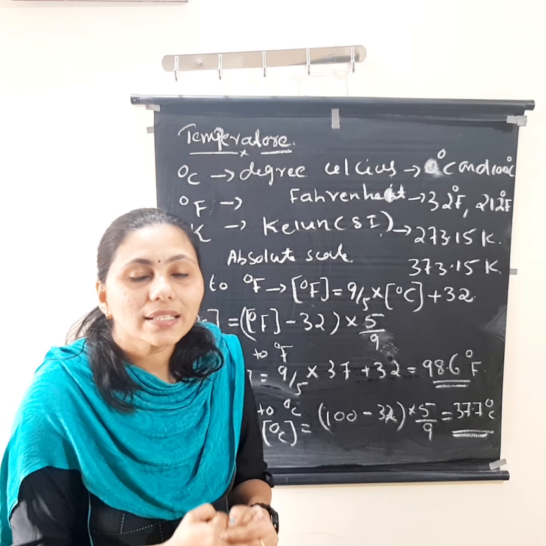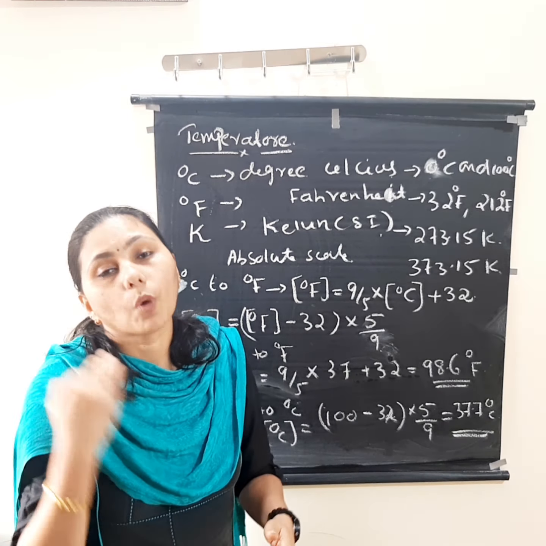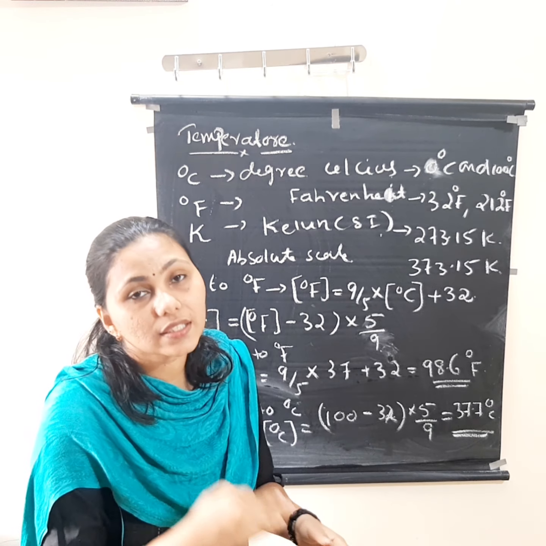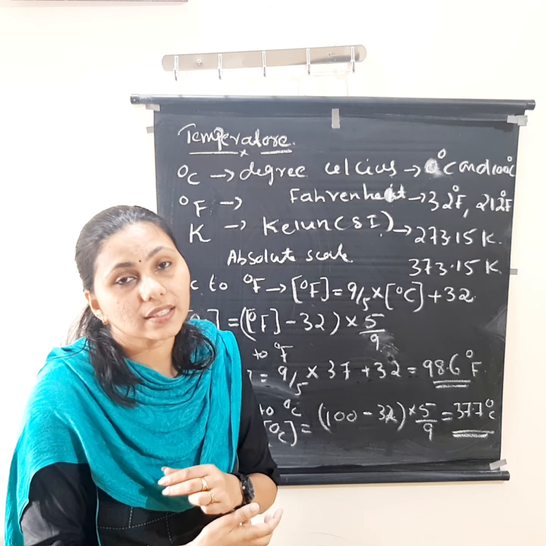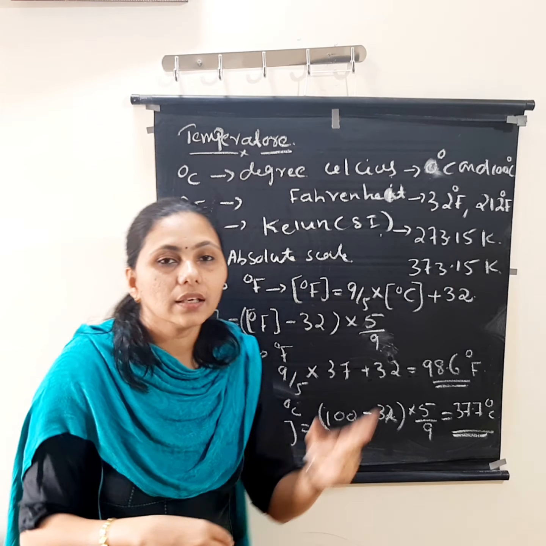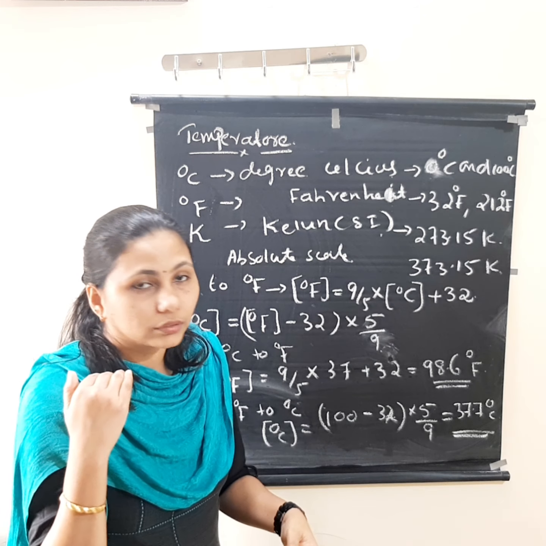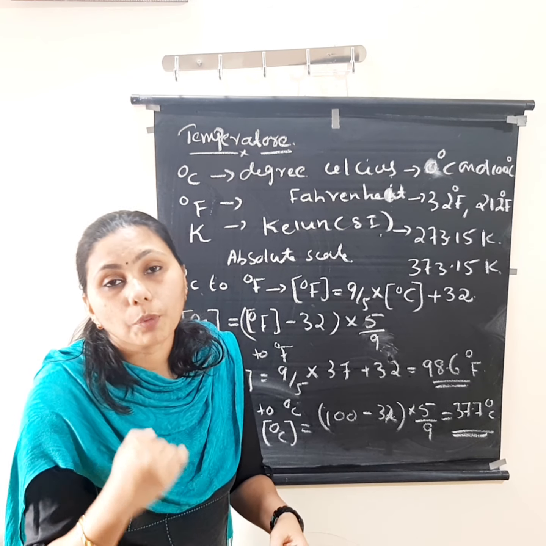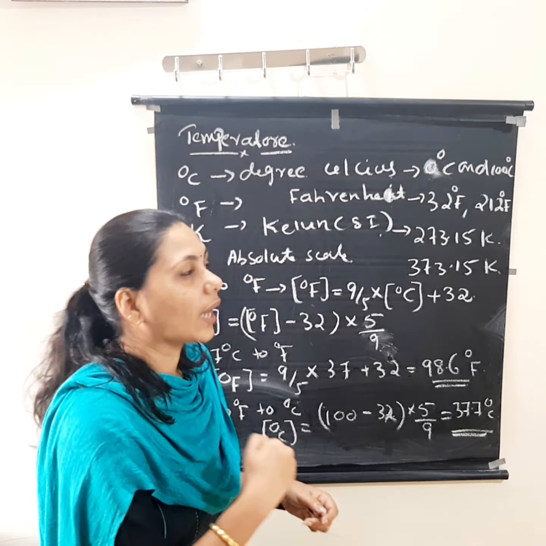The degree Celsius scale is a scale in which 0 degrees Celsius is taken as the freezing point of water, and the boiling point of water is 100 degrees Celsius.